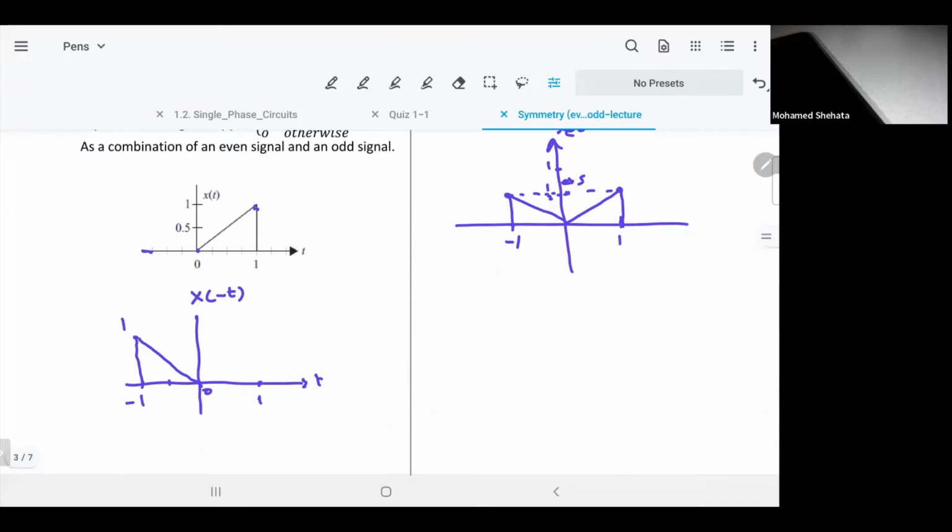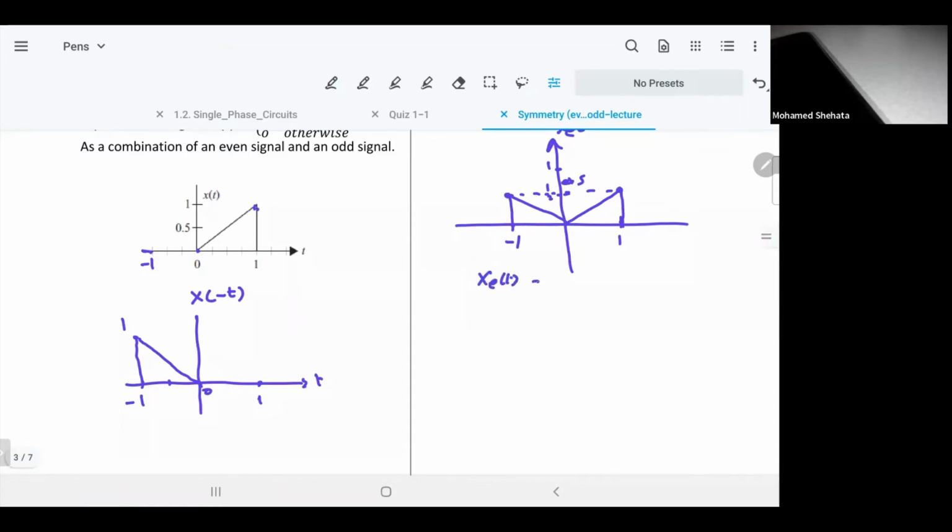Why are you adding 1 plus 1? You are adding at every corresponding time, at t equal to 0 and at t equal to -1. Yes, I'm adding the original x of t and x of -t. I'm adding both. So how did I get it?